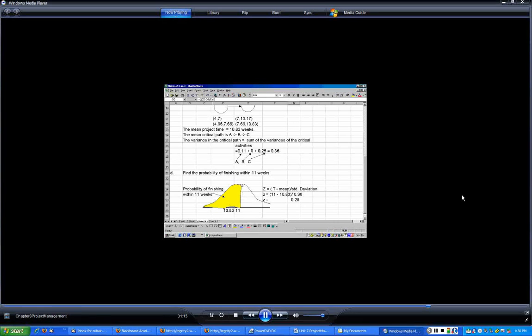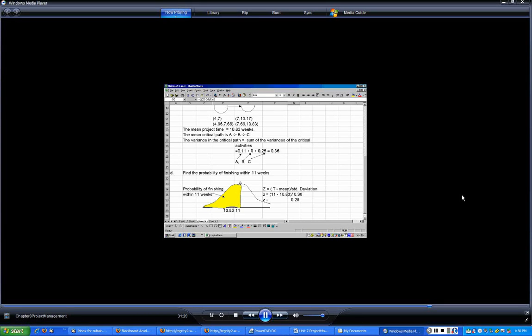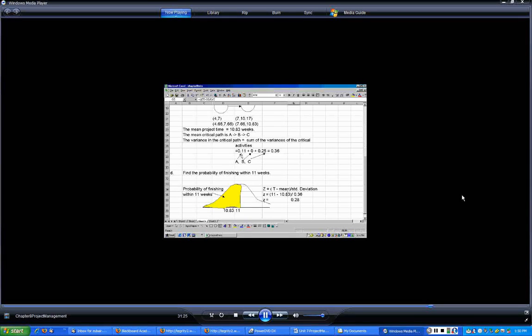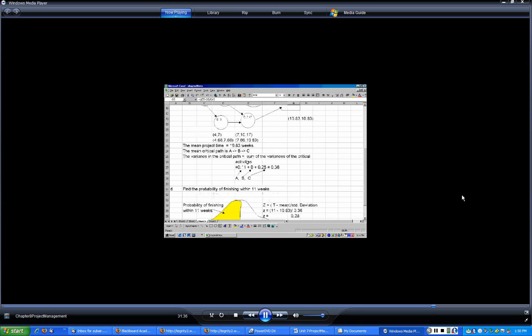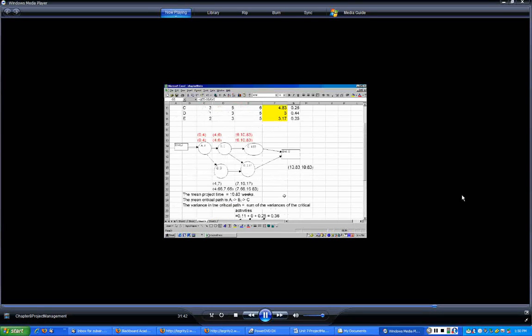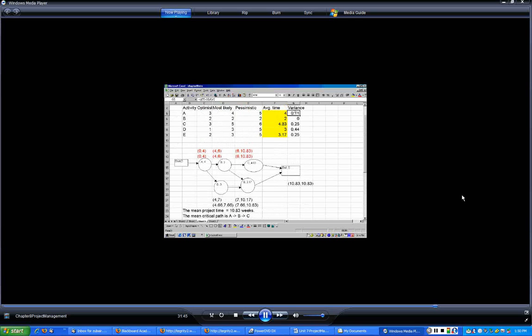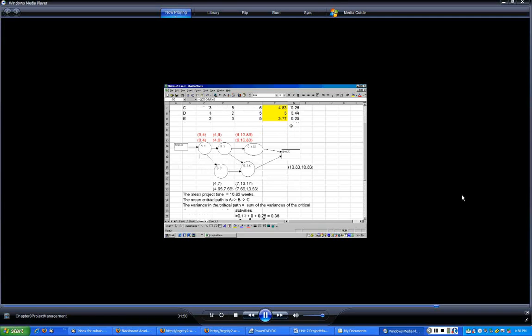Now in this case we want to find the probability of finishing the project in 11 weeks. In order to compute that, we have to get the standard deviation of the project time itself. The variance in the project completion is the sum of the variances of the critical activities, which in this case are A, B, and C. Go to the table that you computed before and get the variances for A, B, and C, only those 3 activities, then add them up.